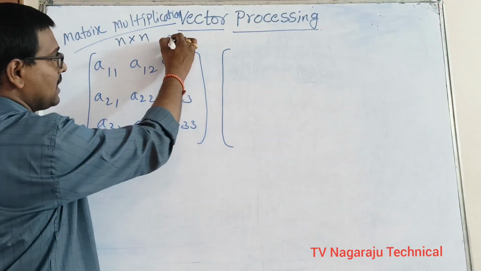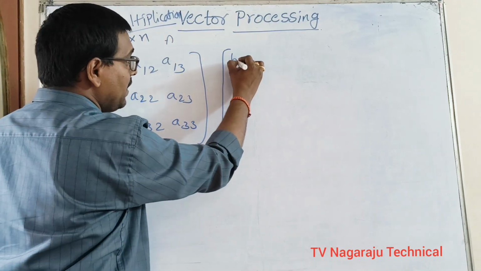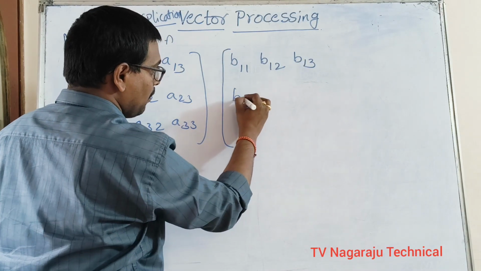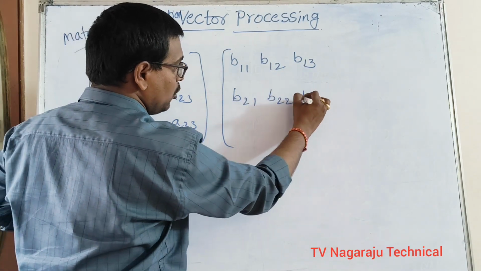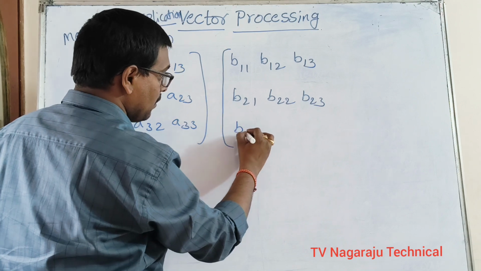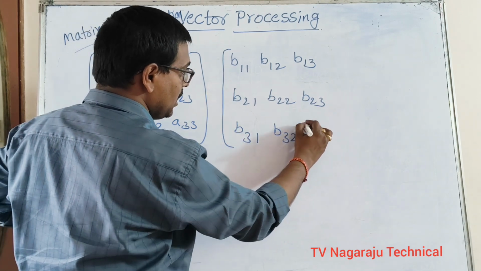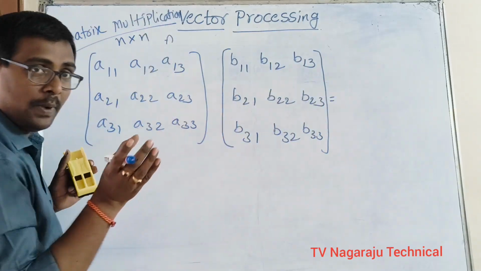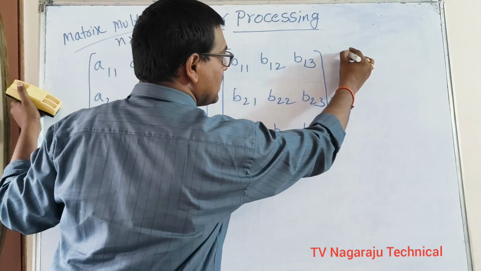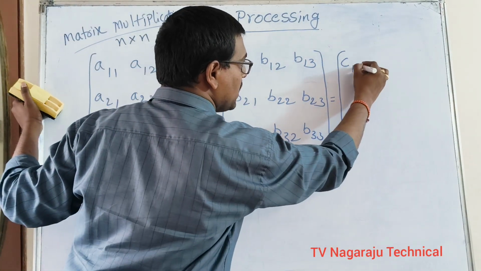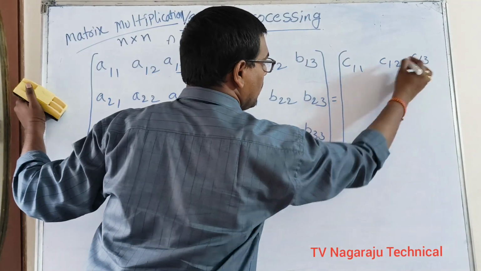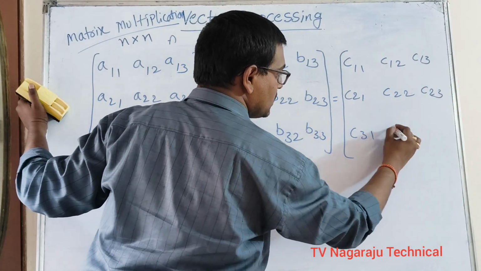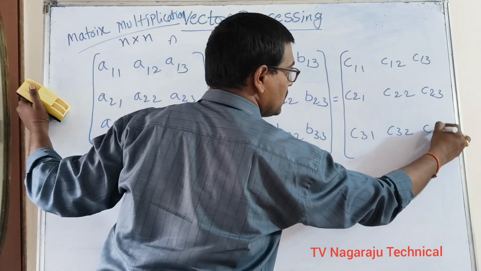This is multiplied with some matrix B: B11, B12, B13, B21, B22, B23, B31, B32, B33. If we multiply these two matrices, we get a result. Assume this is my result C: C11, C12, C13, C21, C22, C23, C31, C32, C33.